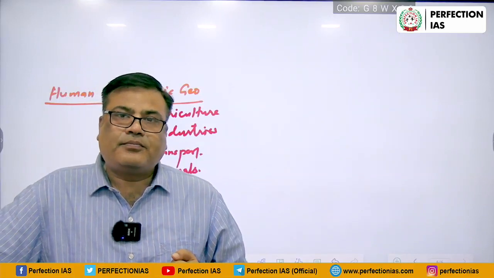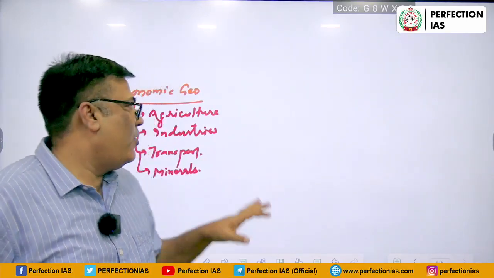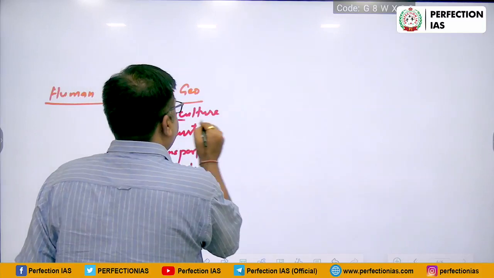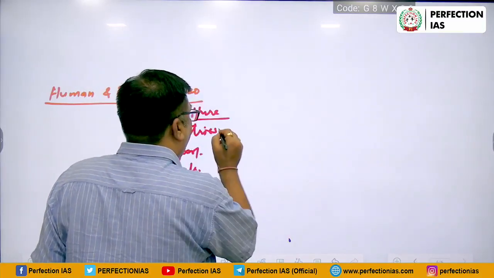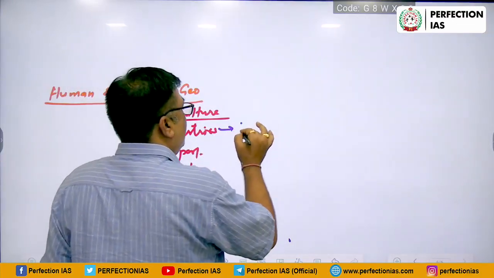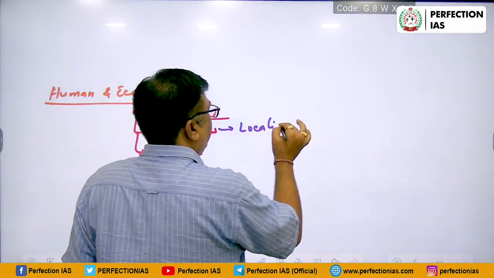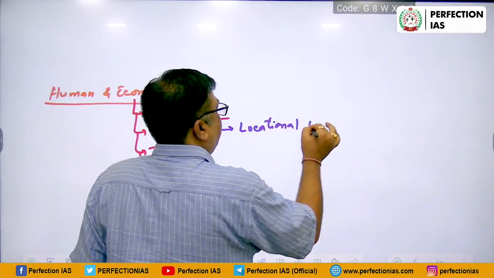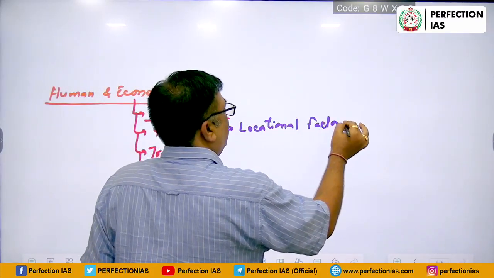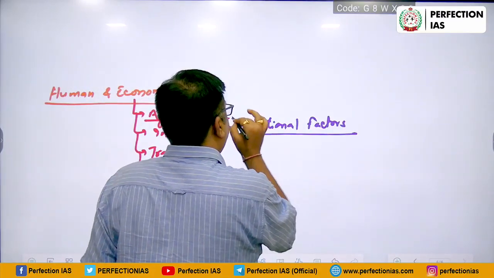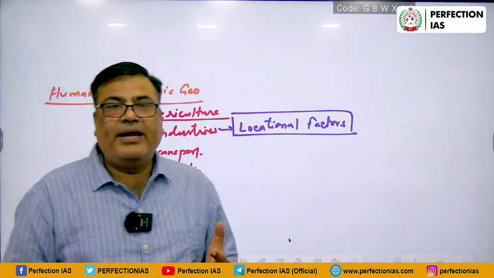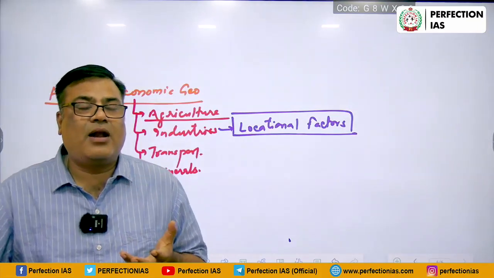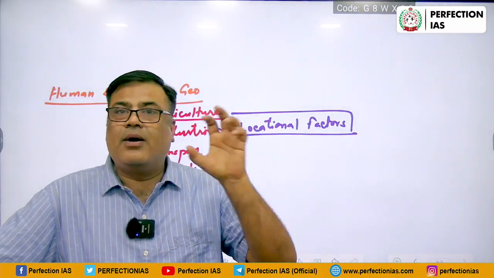All right, when we talk about industry, remember this industry is also mainly focusing upon one thing, and that is locational factor. That is locational factor means in a given area how industries are located or why industries are located in particular area only.